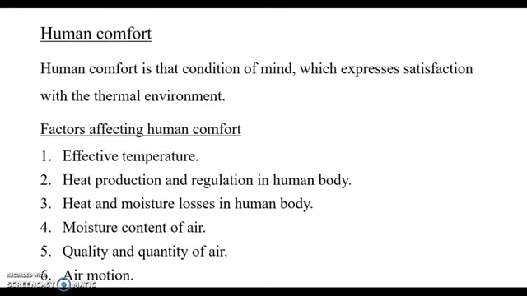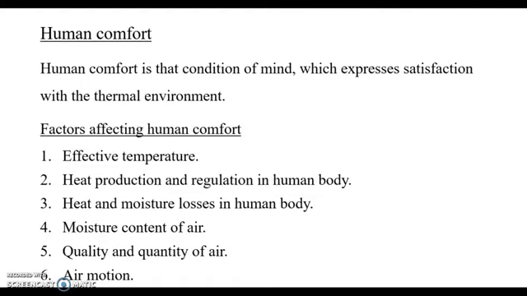Human comfort. The last topic is human comfort. Human comfort is the condition of the mind which expresses satisfaction with the thermal environment. There are a number of factors affecting human comfort. The first one is the effective temperature, and next, heat production and regulation in the human body.